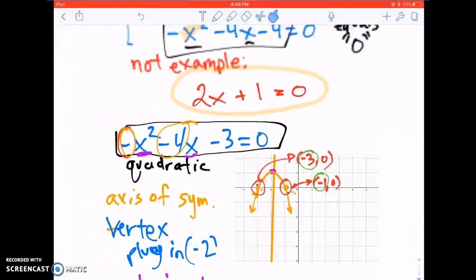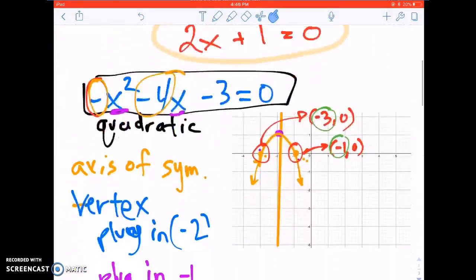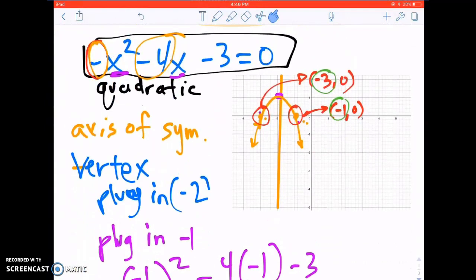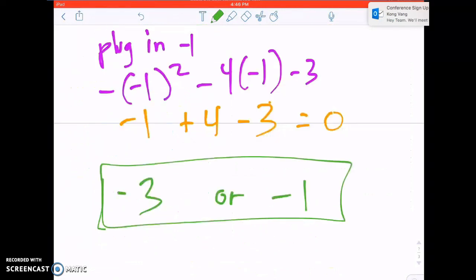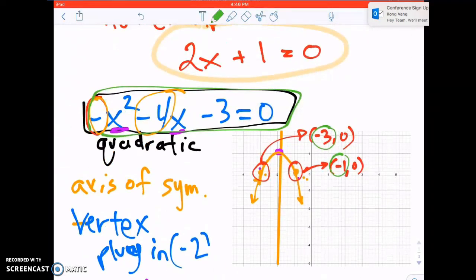Which means my solutions to this problem, the two numbers that I could plug in to this quadratic equation to make my equation equal 0, are negative 3 or negative 1. Those are my answers. And as you can see, this graph has two zeros, one here and one here.